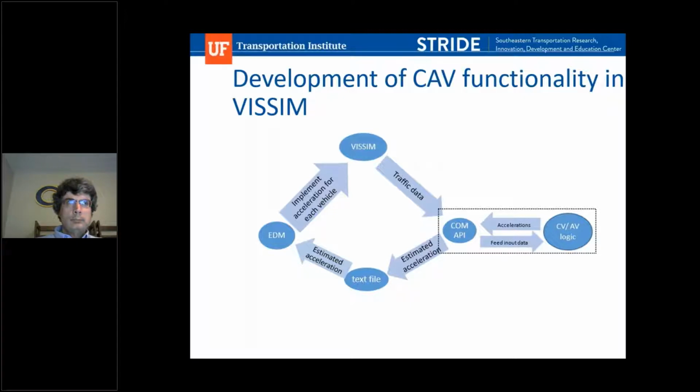Based on what input the CV or AV needs, those values can be passed from COM API to our CV or AV code, and the output from that code base would be the accelerations or lane changing, whatever information, for every time step back to COM API.